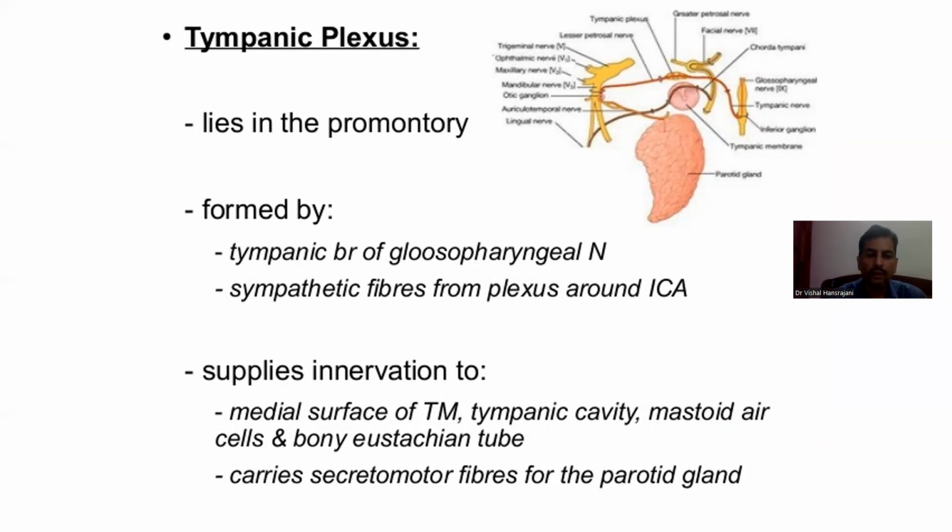Mainly it supplies the medial surface of the tympanic membrane, the whole tympanic cavity, mastoid air cells, and the bony eustachian tube. It carries secretomotor fibers for the parotid gland also.